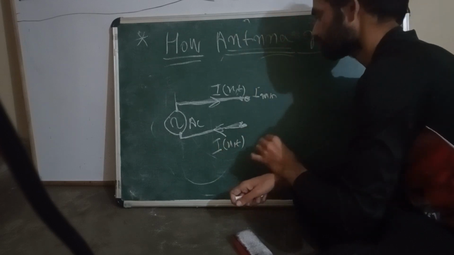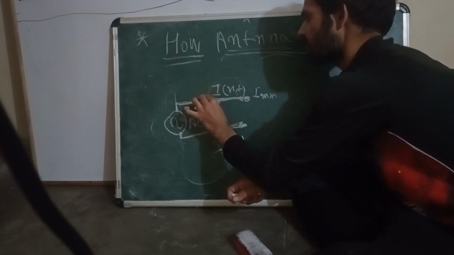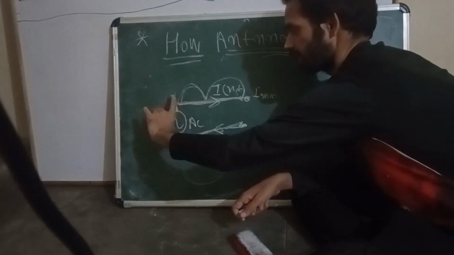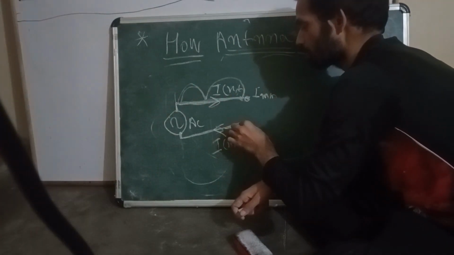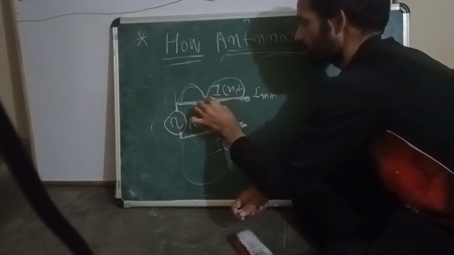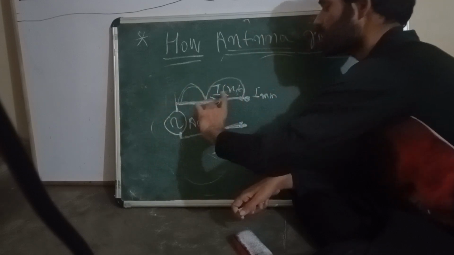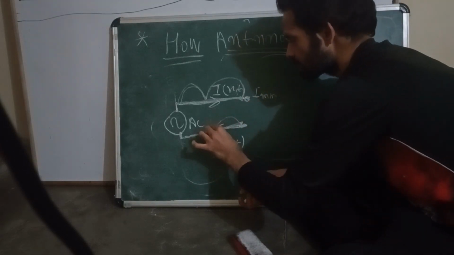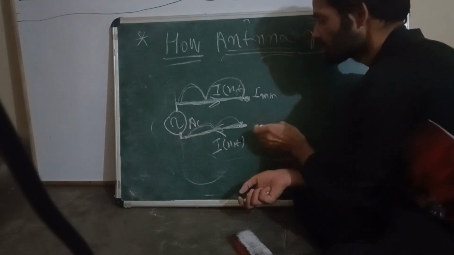Then there is a reflection on this transmission line, this conducting line. The length of this conductor is in the order of meters. Here there is a back reflection, because this is an open circuit.